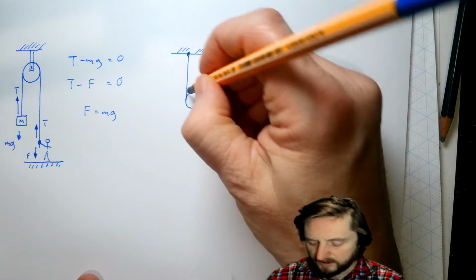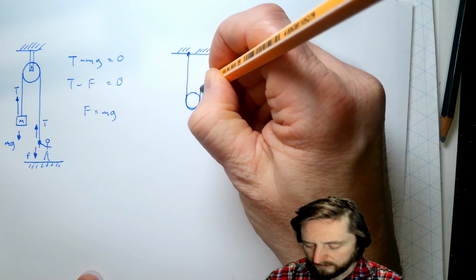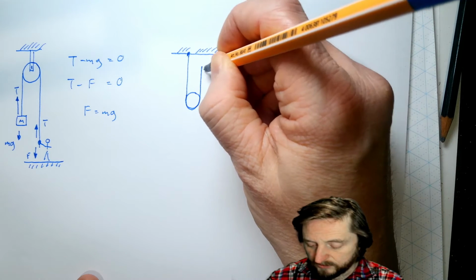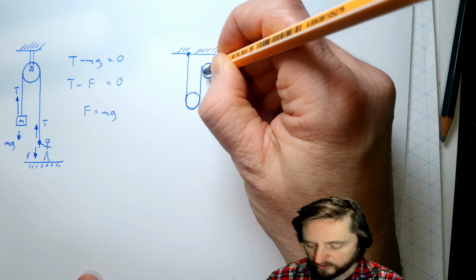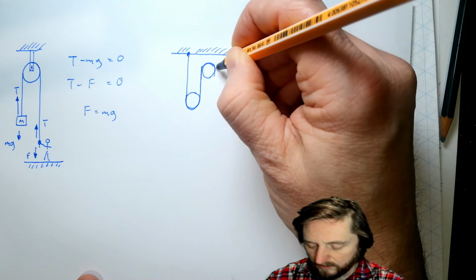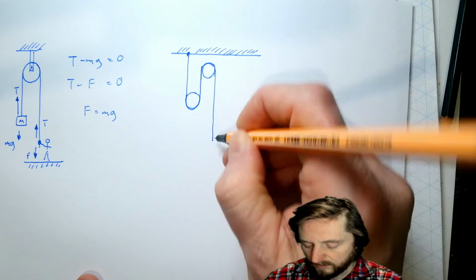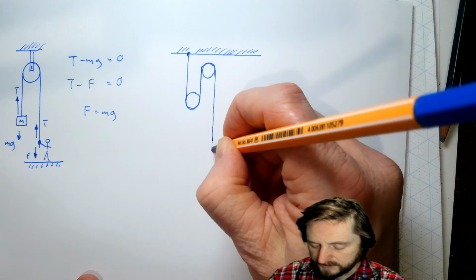The string is going to come down, go around the pulley, and then come to another pulley. We're going to have a second pulley right here. Okay, and you are going to stand down here on the bottom.